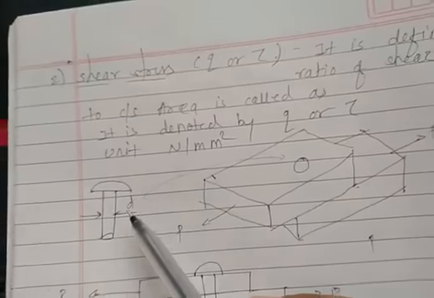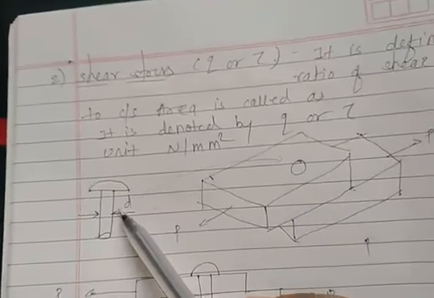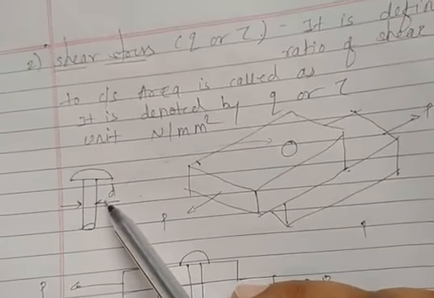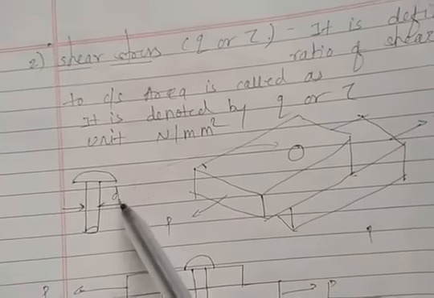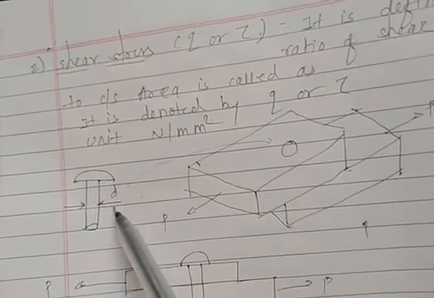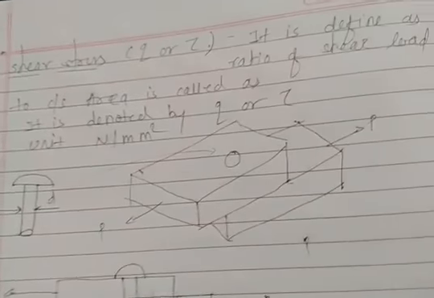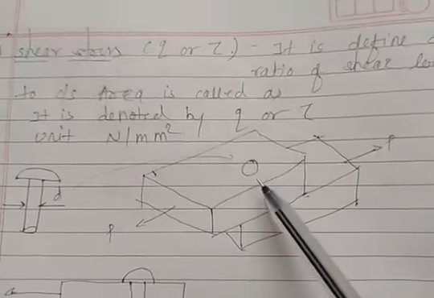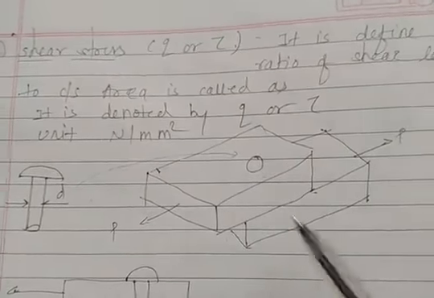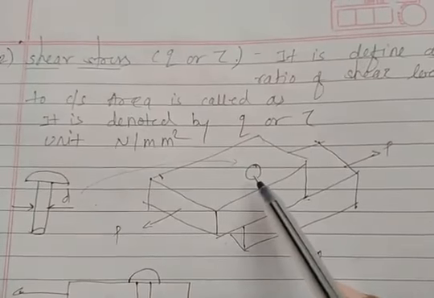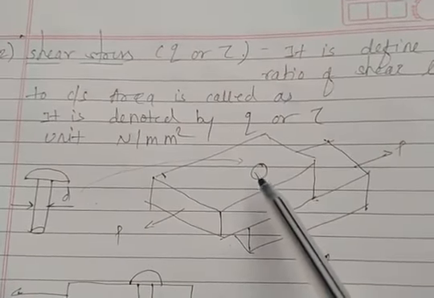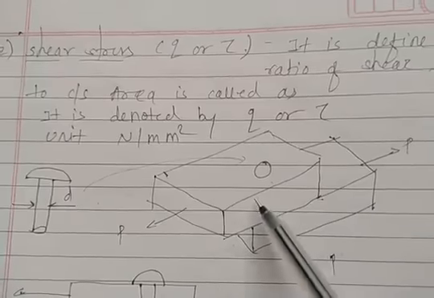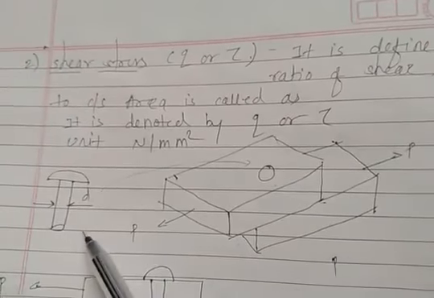This is a rivet, which is used as a fastening for two components. This rivet has diameter D, and I am taking two plates here: this is plate number 1, this is plate number 2. I am making holes in both plates, and I have to join these two plates using the rivet.